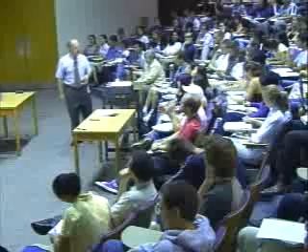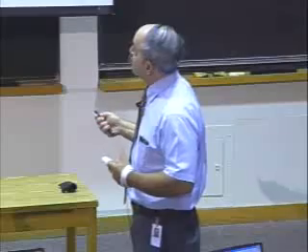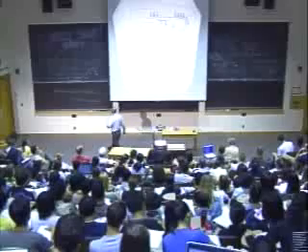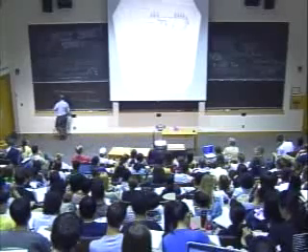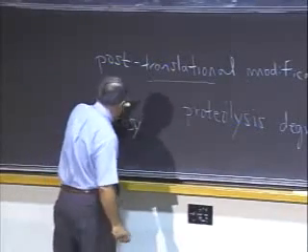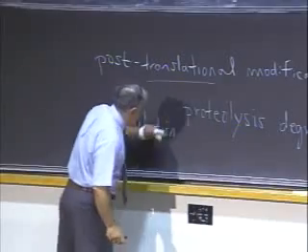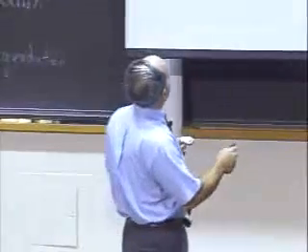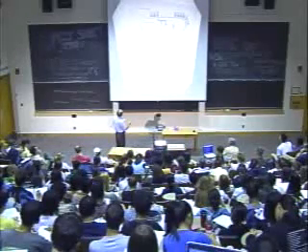Here we see yet another kind of post-translational modification, because it turns out that in many proteins which protrude into the extracellular space, there is yet another kind of covalent modification, which is the process of glycosylation, in which a series of sugar side chains, carbohydrate side chains, is covalently attached to the polypeptide chain, usually on serines or threonines, using the hydroxyl of the side chain to attach these oligosaccharide side chains.